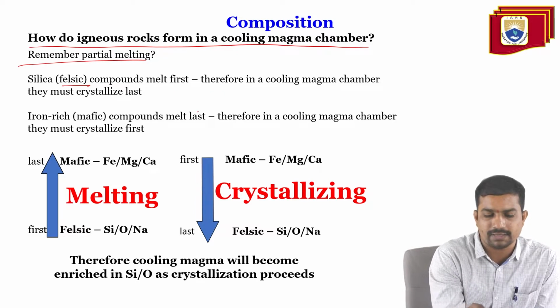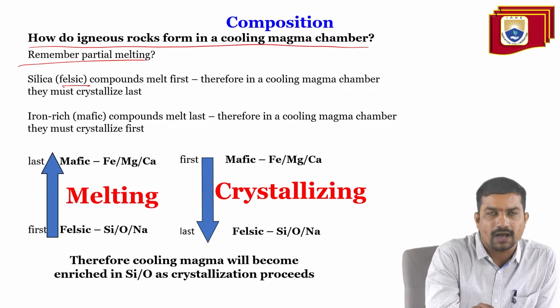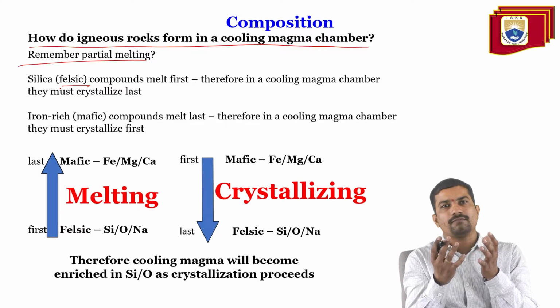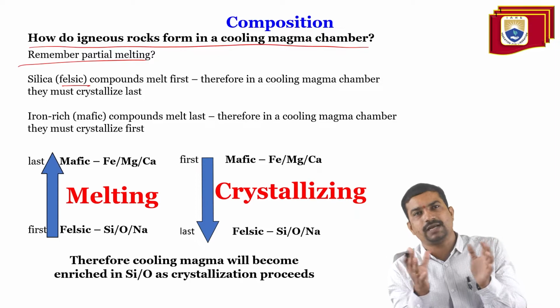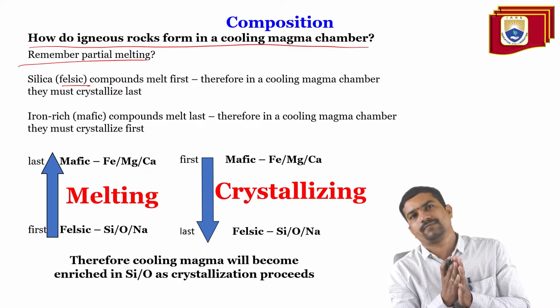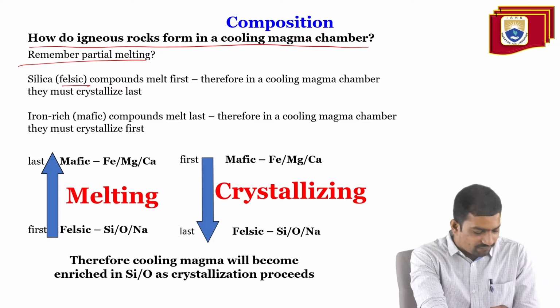Therefore, in a cooling magma chamber, they must crystallize last. Silica is the most abundant material present inside any rock material, which is a crystal. So silica compounds melt first.